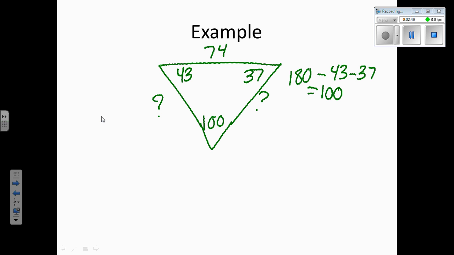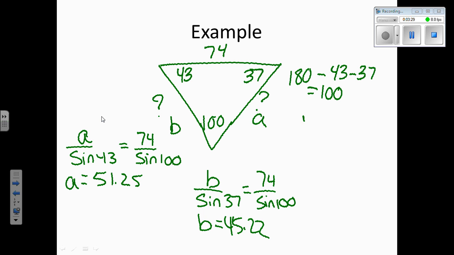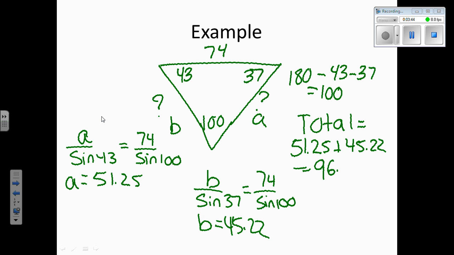Okay, so I can use sine law to solve for both of these. And to the nearest tenth of a meter, I'm going to end up with 96.5 meters.